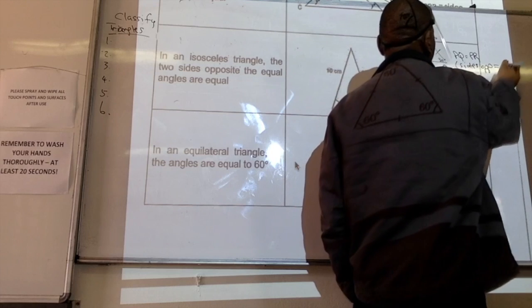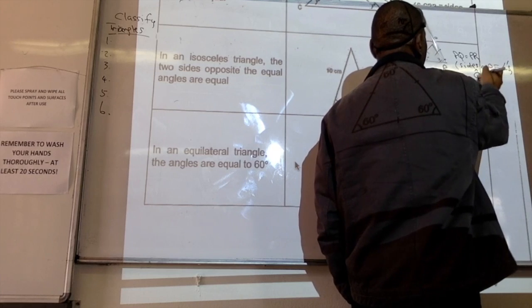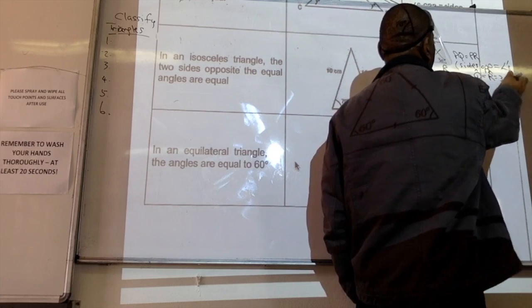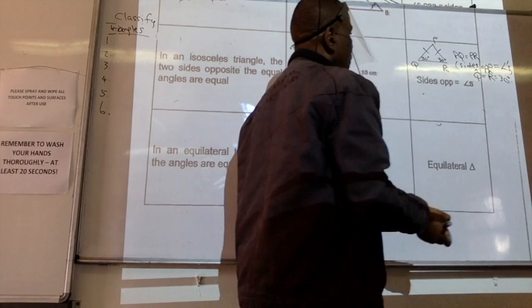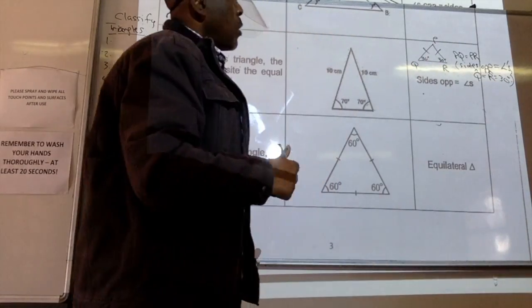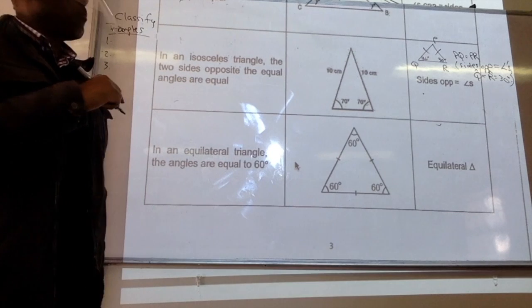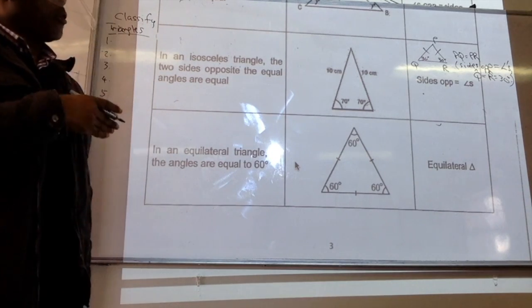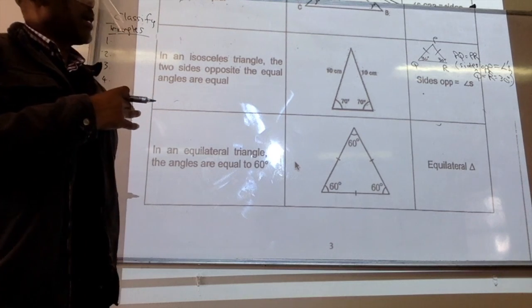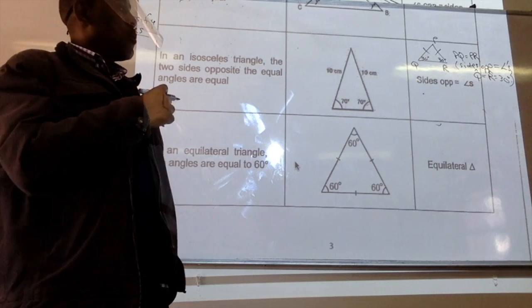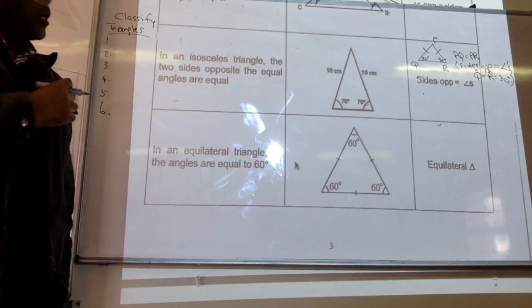And you can go on and tell me that angle Q is the one that is equal to angle R, which is 30 degrees in this case. So that would be my reason. So if angle Q is equal to angle R, then side PQ should be equal to side PR. And that is because those are sides which are opposite equal angles.